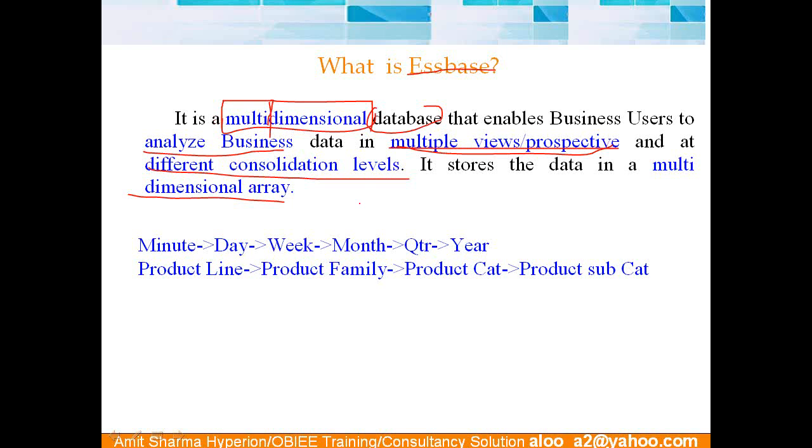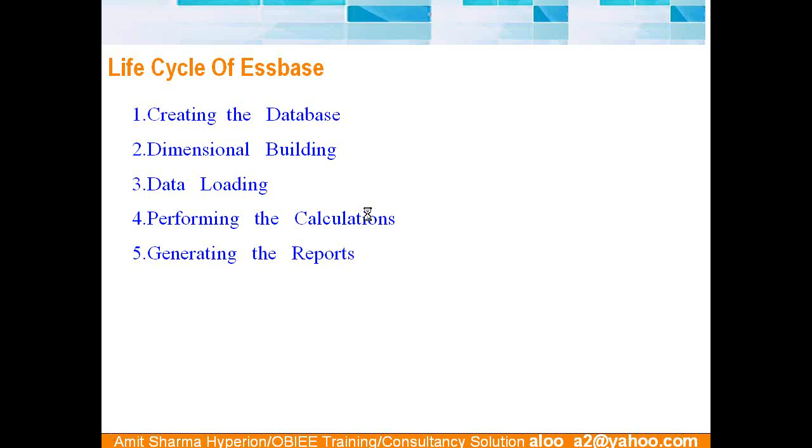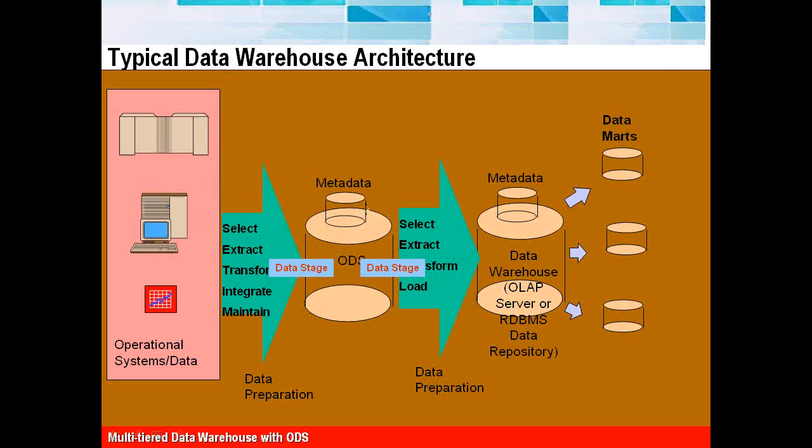So the more dimensions you have, the richer the analysis you provide to the client. Once again, the same section we discussed in the last class. Where does the whole Hyperion product suite come into the picture? My Hyperion Essbase is a practical implementation of a term called data mart.